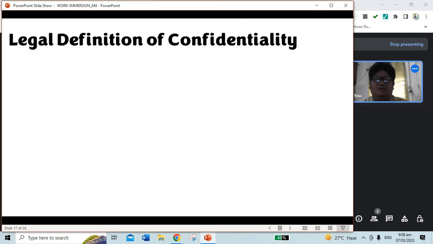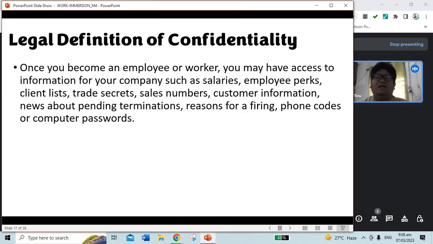Yan. So, alam niyo ba kung ano ang legal definition ng confidentiality? Once you become an employee or worker, you may have access to information from your company, like the salaries, employee perks, client list, secrets, sales numbers, customer information, news about pending terminations, reasons for a firing, phone codes, or computer passwords.